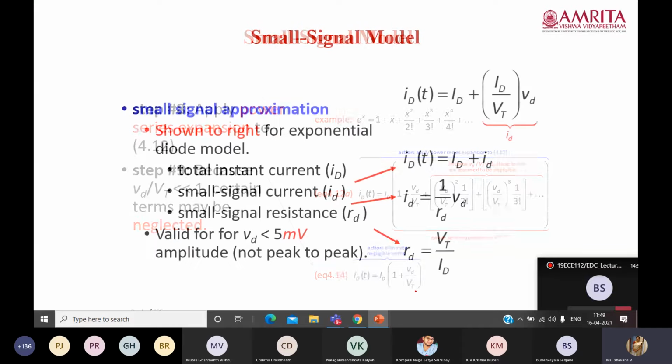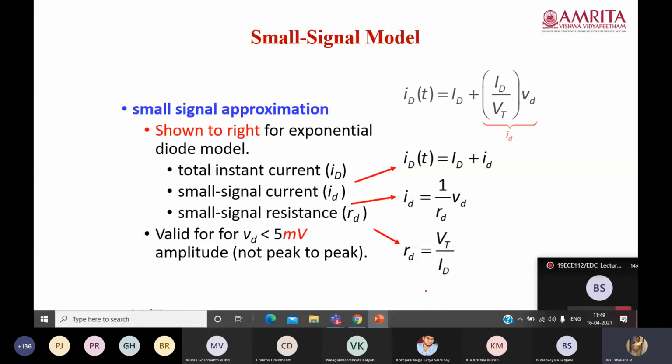I have explained with the NVT, and with the NVT only you study. Sometimes the N value will be given as 2. So you can use the standard equation RD is equal to NVT by ID. You'll get capital ID plus capital ID into vd of t by NVT. So this we can replace as small id of t, where small id of t is equal to capital ID into vd of t by NVT.